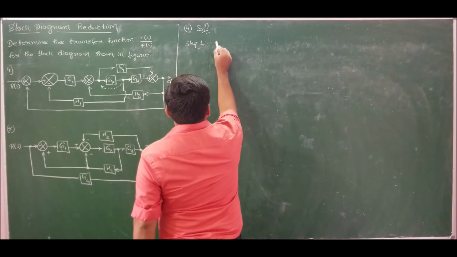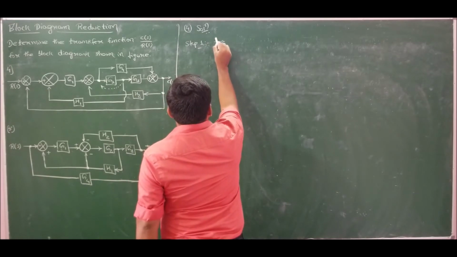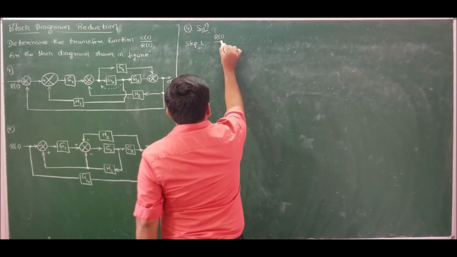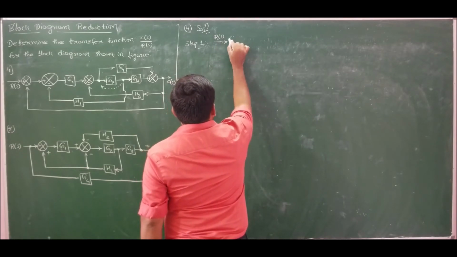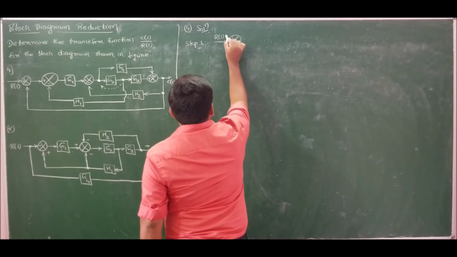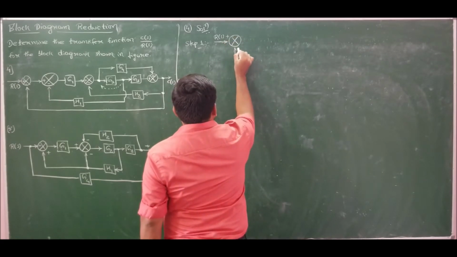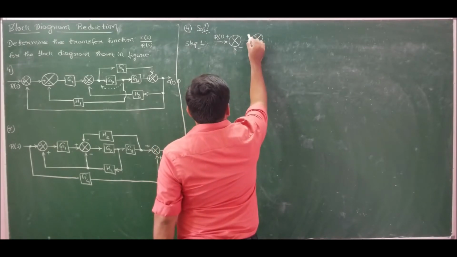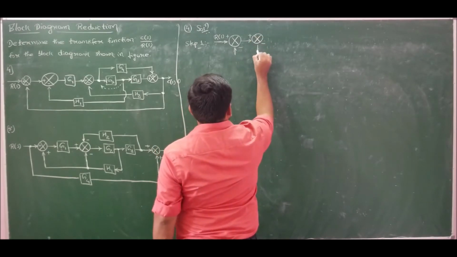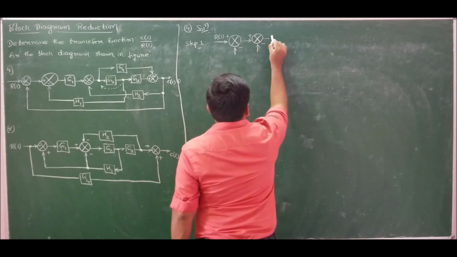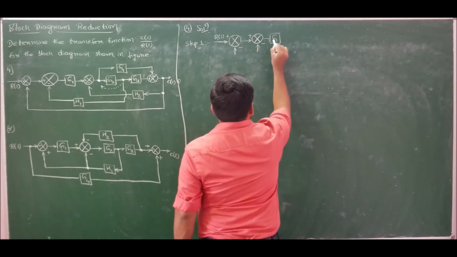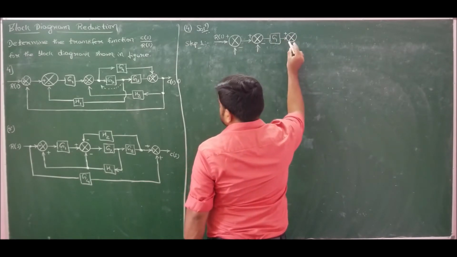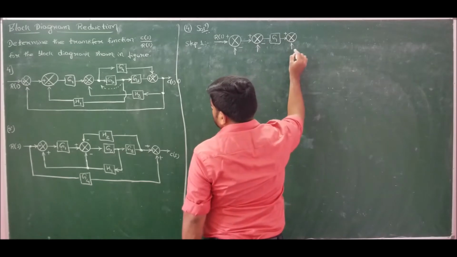the problem reduced like this. We have R(s); let me write the signs outside the summing point. Here it is plus, here it is minus, and then we have one more summing point. For this, here it is plus, here it is minus. We have G1, and then we have the summing point, plus, here it is minus.